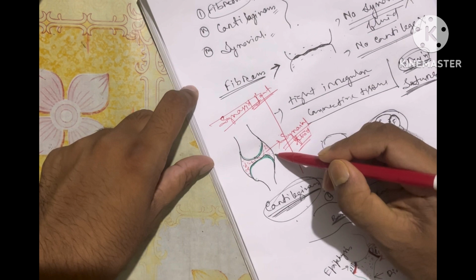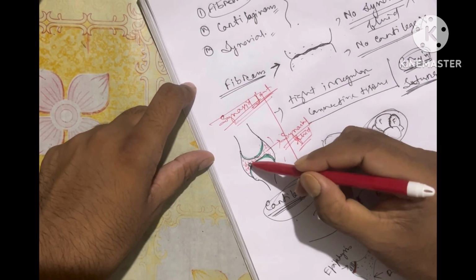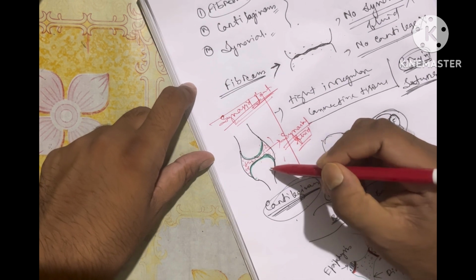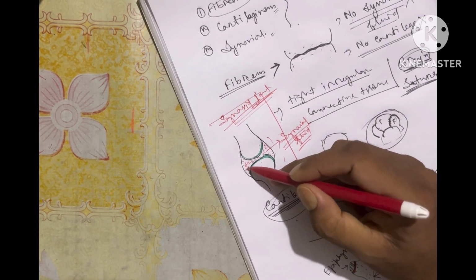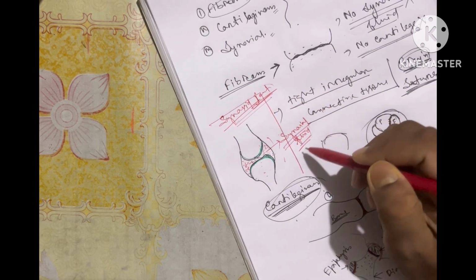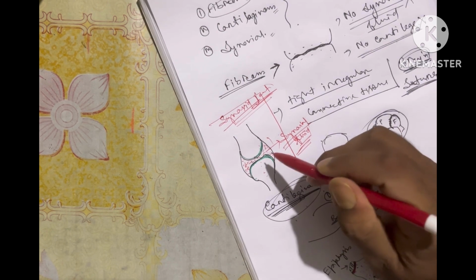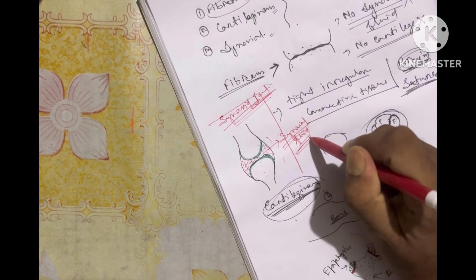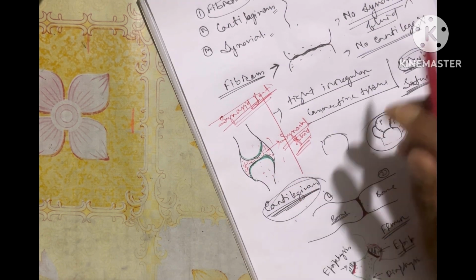These kinds of joints are called synovial joints, where synovial fluid is present in the space between both the bones. The fluid is called synovial fluid, and the space is called the synovial space. In the synovial space, synovial fluid is present, that's why this joint is called a synovial joint.